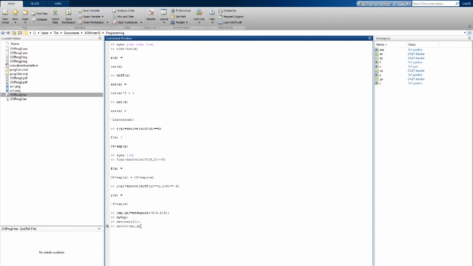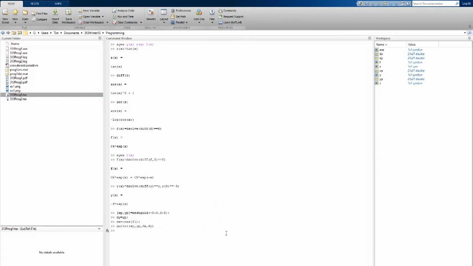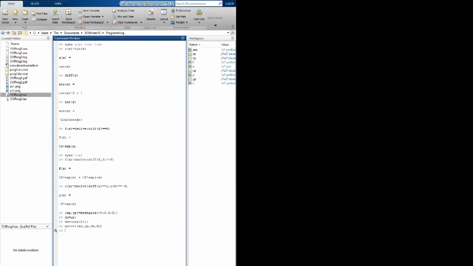And now we need the arrows themselves, and so we're going to put dx and dy. And now when I do this, I get this glorious directional field, and I don't know if you can actually see this.